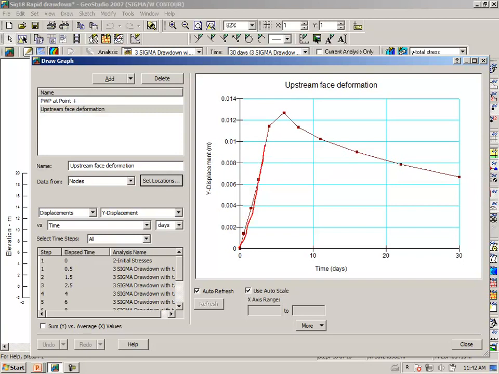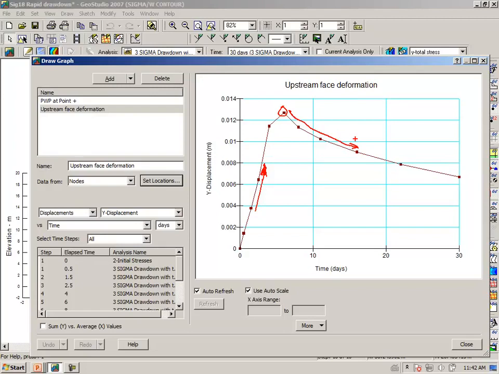It's lifting up as we remove the weight of the reservoir. So here's at the end of 1, 2, 3, 4, 5 days. At the end of 5 days, the soil is rebounding due to the removal of the weight of the water. Then as the excess pore pressure dissipates, the soil begins to settle back down. So it comes up and then moves back down.